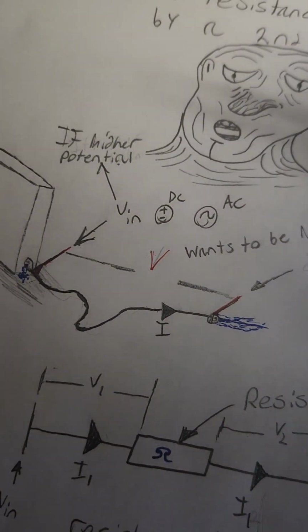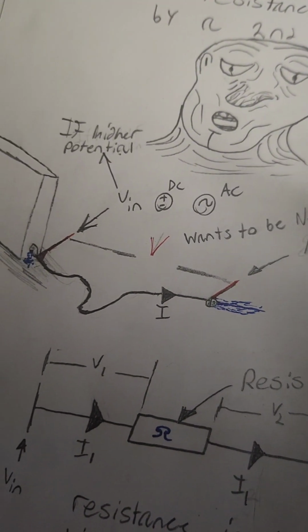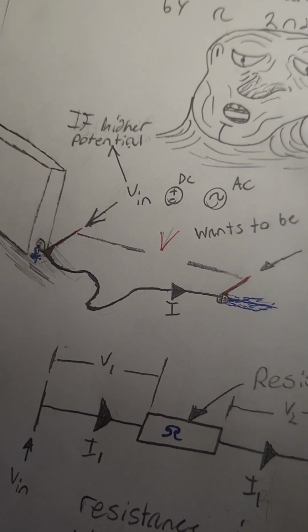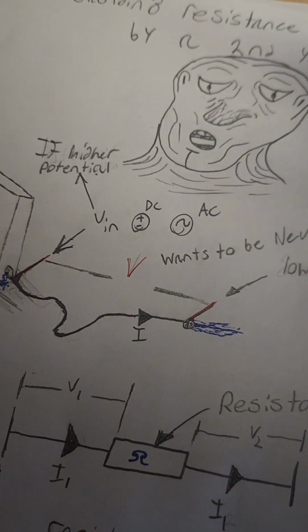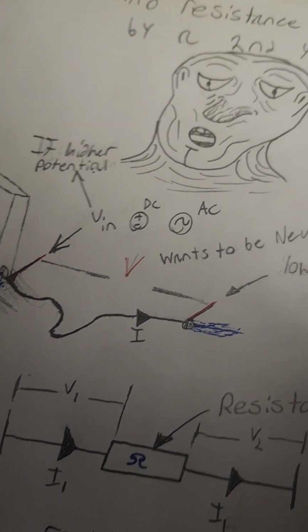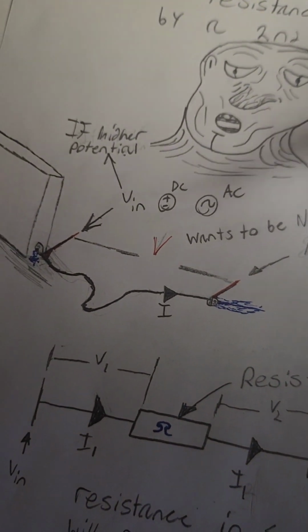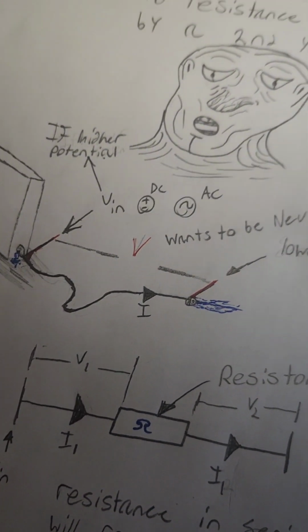It's the same as letting a ball roll down a hill with a different slope. You have a greater potential energy with a steep slope, and if you have a flat slope, you're not going to have any potential energy. The same thing goes for pressure, and that also relates directly to electricity.